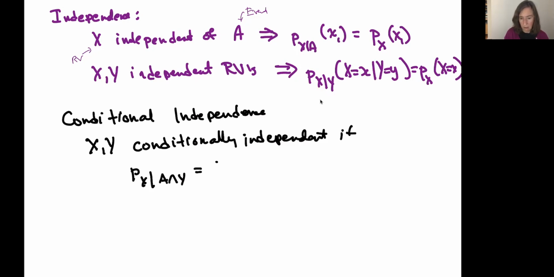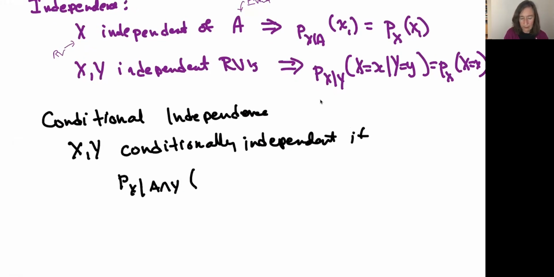Let me be not so terse with my notation. I'm having A be an event here and Y be a realization of a random variable. It actually works if they're both random variables or even if they're both events.